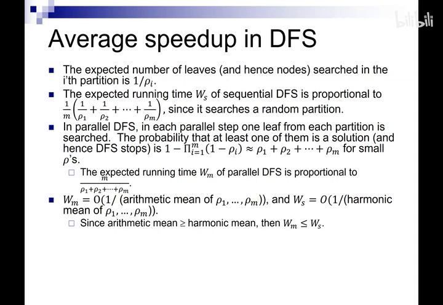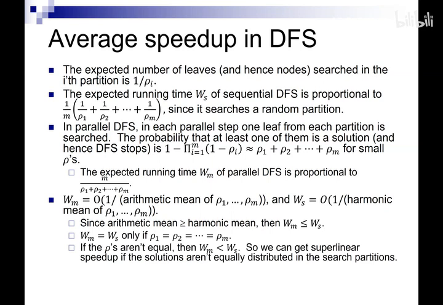For the sequential algorithm, there's something called the harmonic mean: you have m values, so you do m divided by the sum of all of these inverse values. Here we have 1 divided by the harmonic mean. There's an inequality between the arithmetic and the harmonic mean, which is that the arithmetic mean is at least as large as the harmonic mean. That means this W_m is going to be no larger than W_s, so the work for the parallel algorithm is no more than the work for the sequential algorithm.